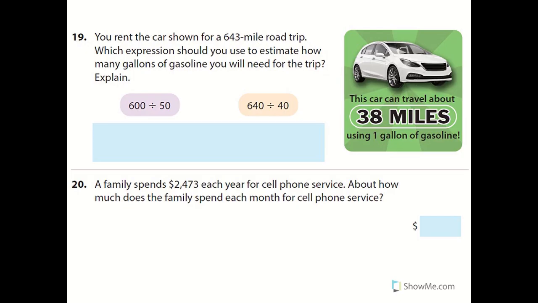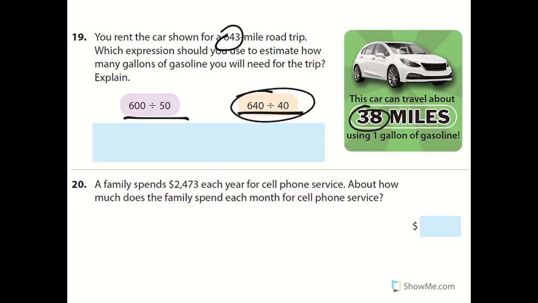You rent the car shown for a 643-mile road trip. Which expression should you use to estimate how many gallons of gasoline you will need for the trip? Explain. Well, we get 643 and 30. Which is closer, 650 and 30 or 640 and 40?